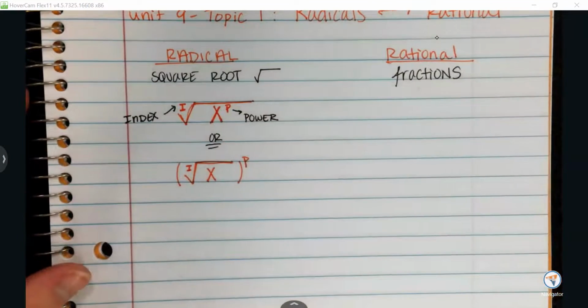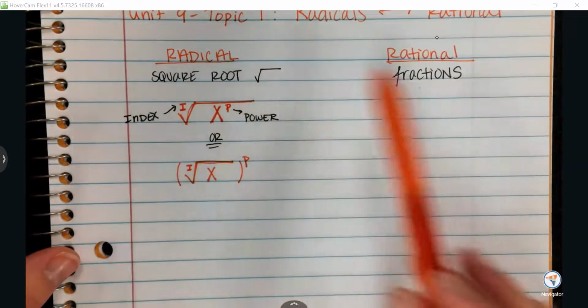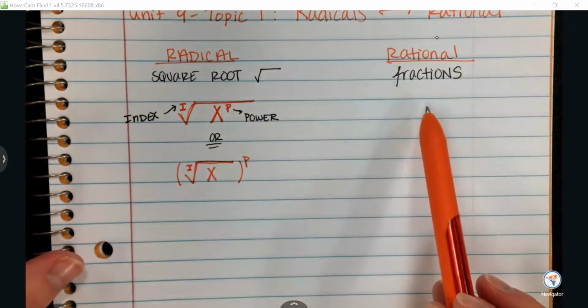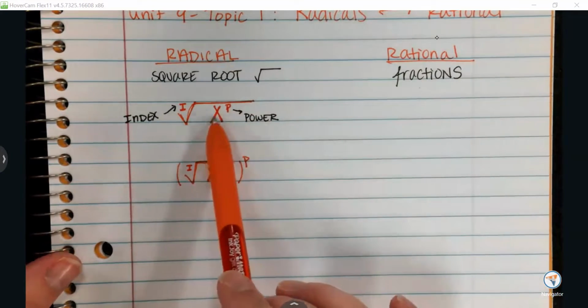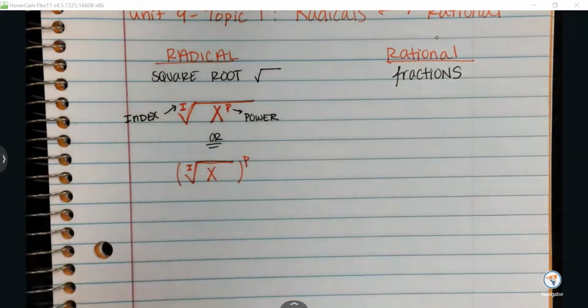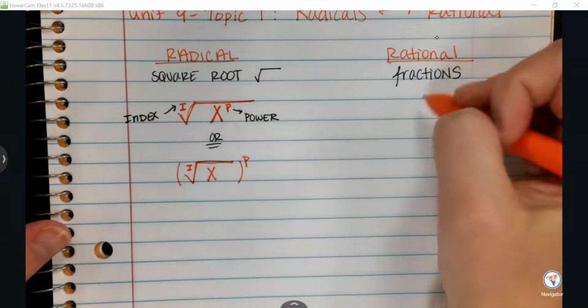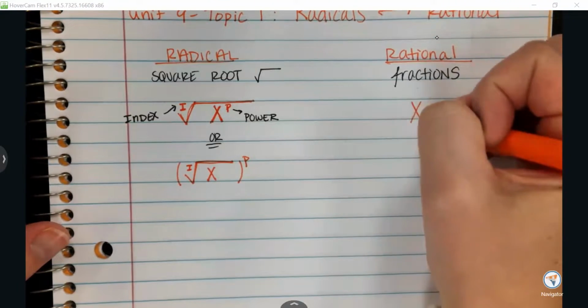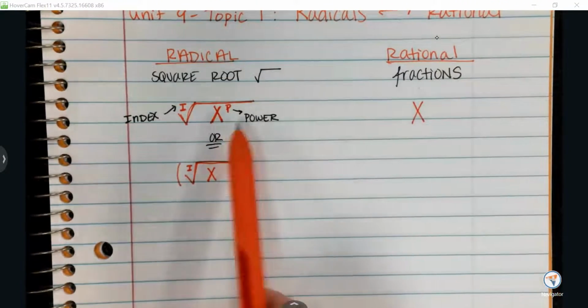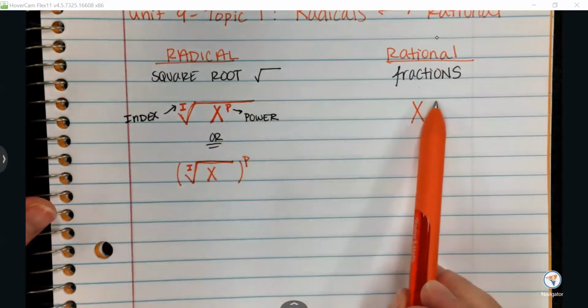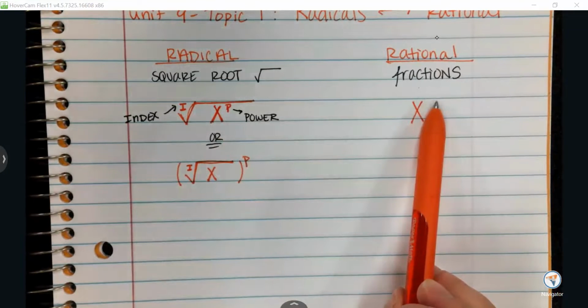Now, how do I change this to a rational, meaning I'm going to need a fraction? Well, the X, whatever's inside the radical, will stay the same. It'll stay an X. And then the fraction has to be in a very specific order.